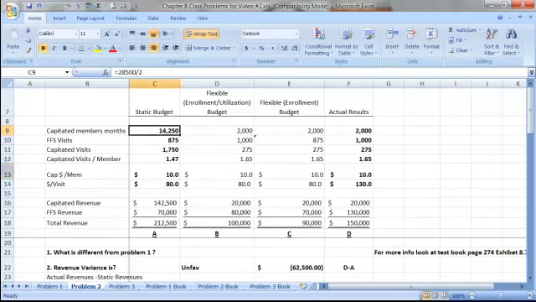In our static budget, we had member months, 14,250, fee-for-service visits, 875. Now, capitated visits, we were anticipating 1,750 in our budget, or 1.47 per member. That's the number of visits per year we thought we would be getting from these capitated members up here.